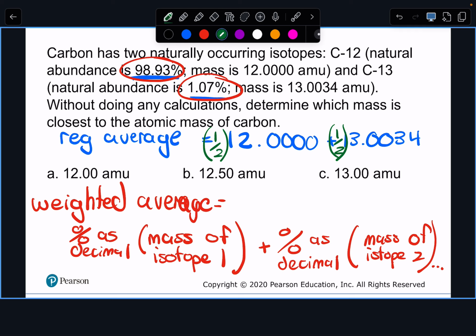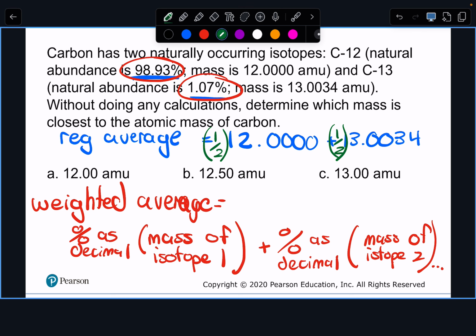What is 1/2? 0.5, okay? So when you do a regular average, what you're actually doing is multiplying by equal percentages. If it's 2 things, you're multiplying by 50% each. Instead of multiplying by 50% each, we're going to multiply by what their actual percentages are.